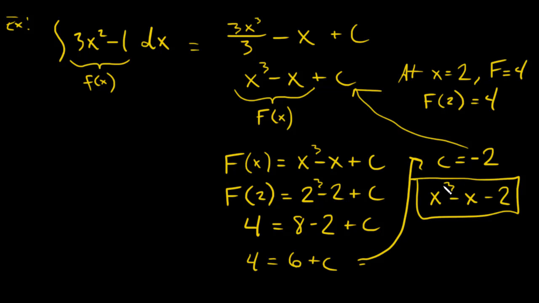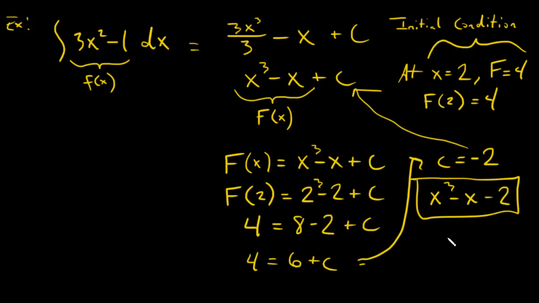This right here is what is called an initial condition. This is the kind of thing you'll have when you're running an actual experiment or looking at something in the real world. At a specific position, the result is this. If I plug that into my equation that has a constant, just a placeholder, I can always solve for that constant and get the actual equation that governs this system.